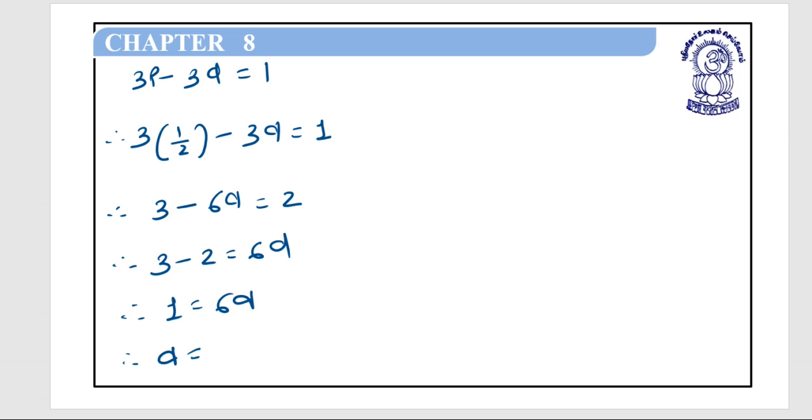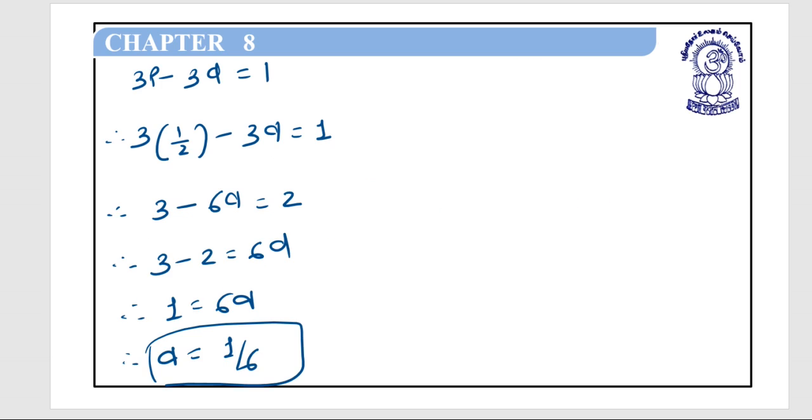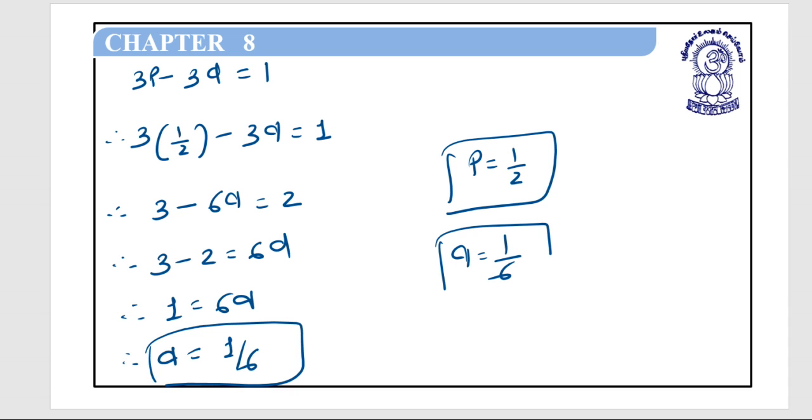So q is equal to 1 by 6. So the answer is p is equal to 1 by 2 and q is equal to 1 by 6. So option D is the right answer.